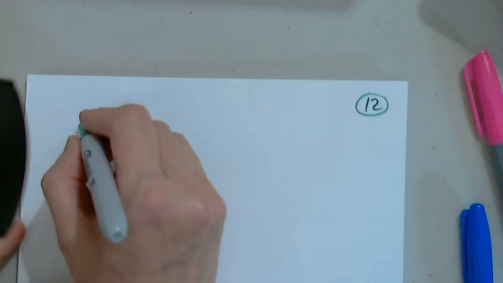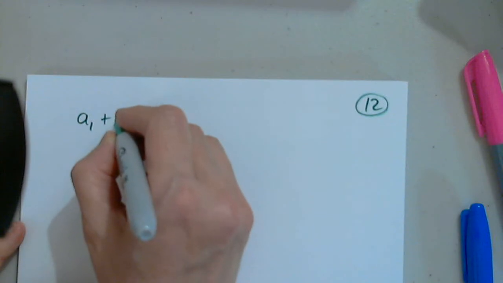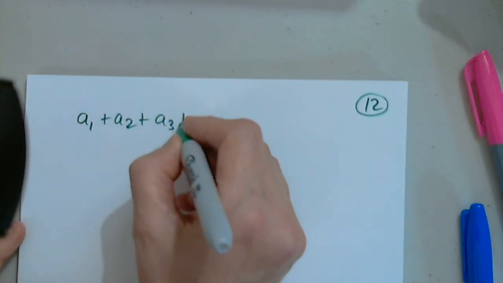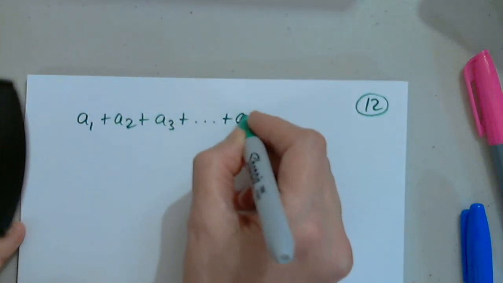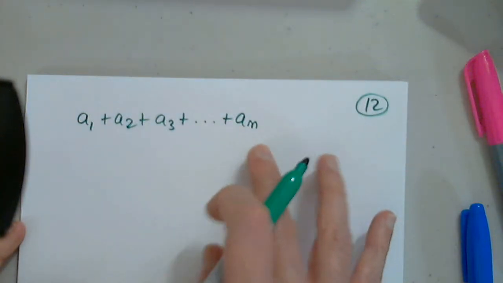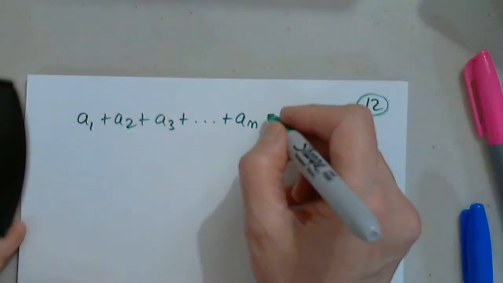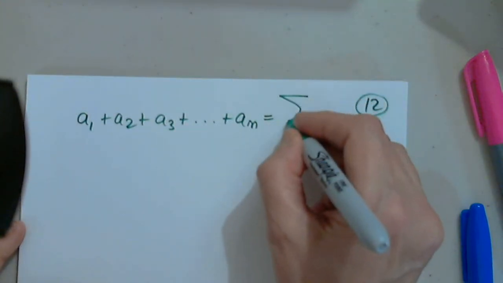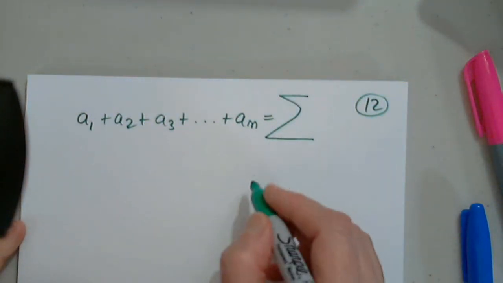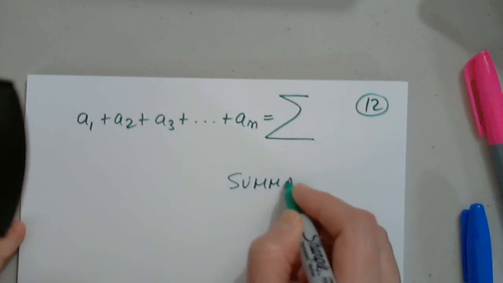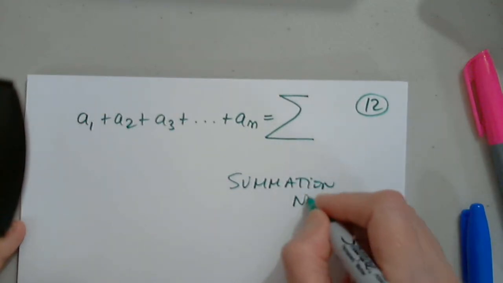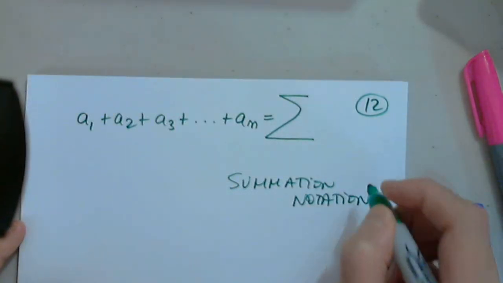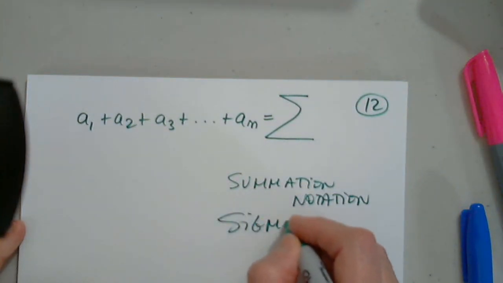If we want to write, let's say, A1 plus A2 plus A3 plus dot dot dot plus A sub n, I have a sequence of numbers. We don't really like this notation. We like a notation that expresses the sum. So this is the summation notation, also called sigma.